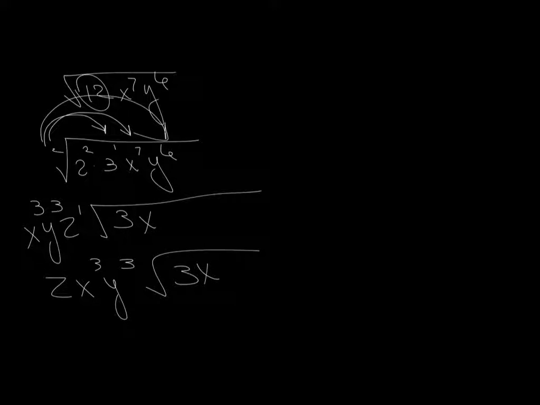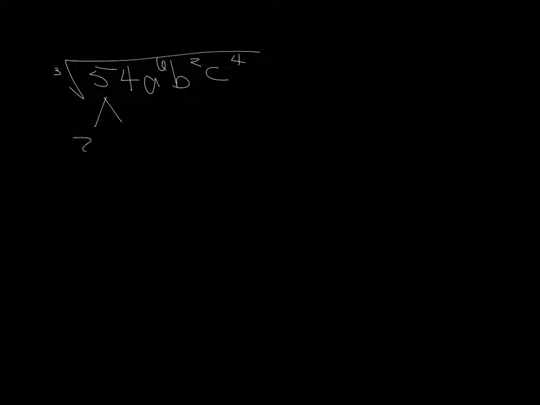Okay, let's look at another one here, and we have the cubed root of 54 a to the 6th b squared c to the 4th. Okay, first step, break this down.